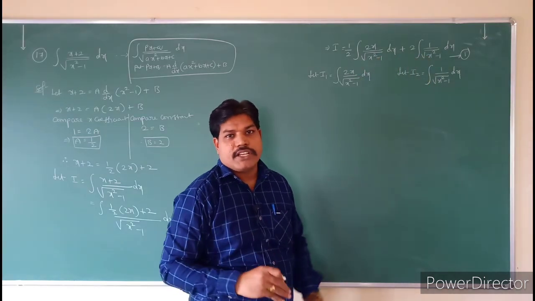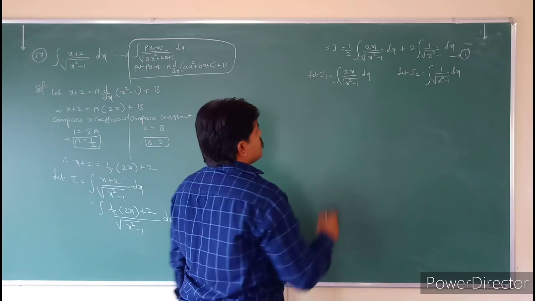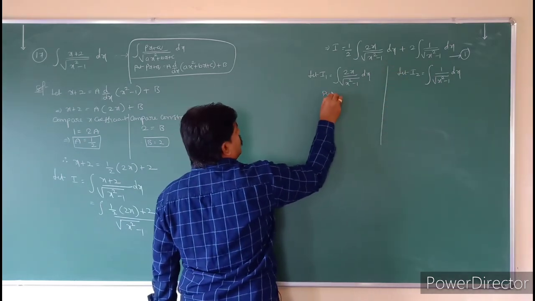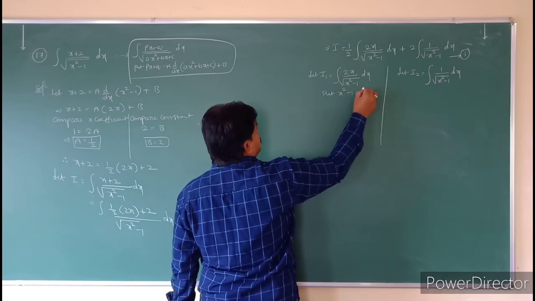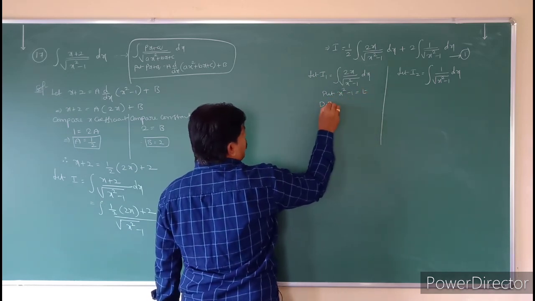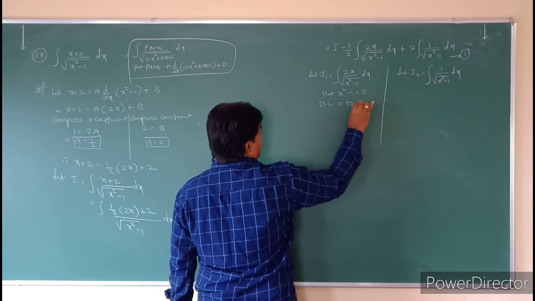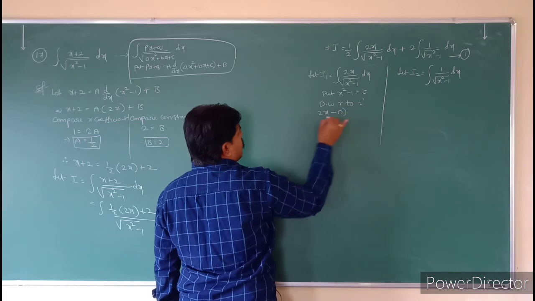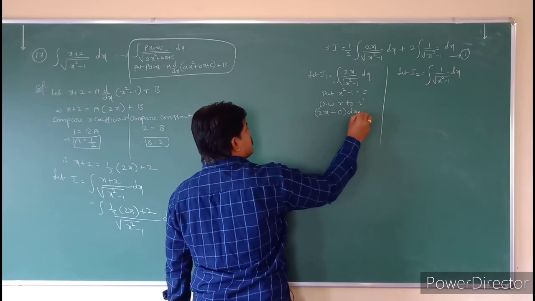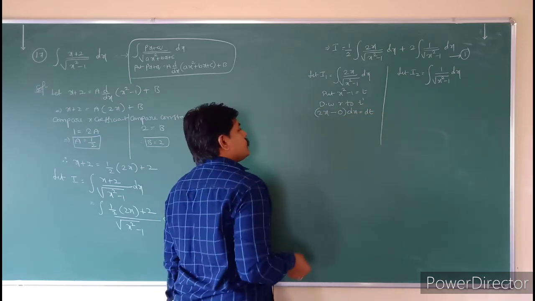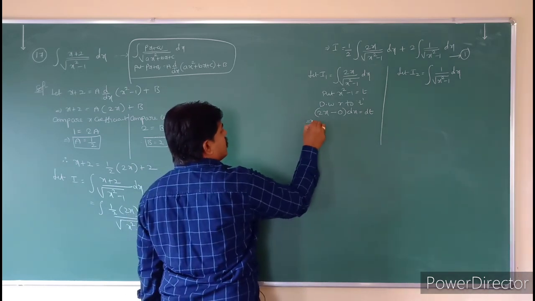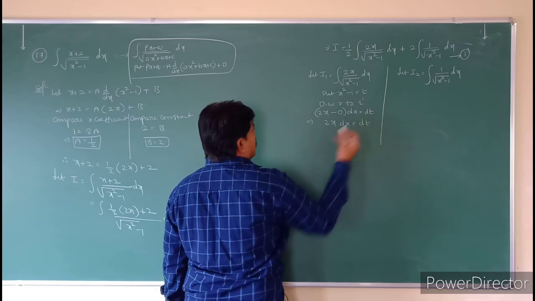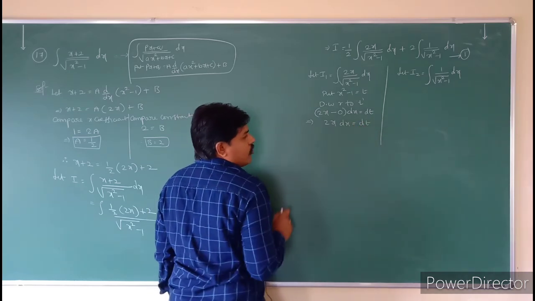I will separate the integrations and take them separately. For I1, put x square minus 1 equal to t. Differentiating, the derivative of x square is 2x, minus 0, into dx is equal to dt. So 2x into dx will become dt.